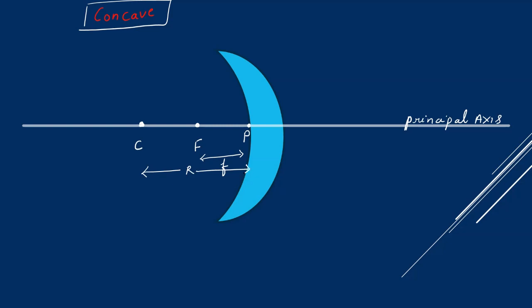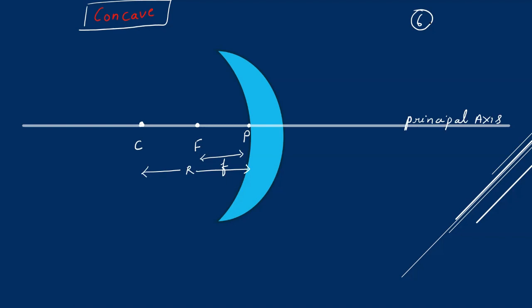Now, in this class we are going to study image formation by a concave mirror as well as a convex mirror. As far as a concave mirror is concerned, we are going to take 6 positions. We are going to keep our object at 6 positions, draw ray diagrams and see where the image is formed in each case.